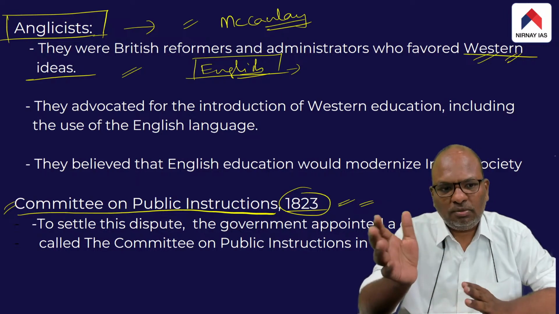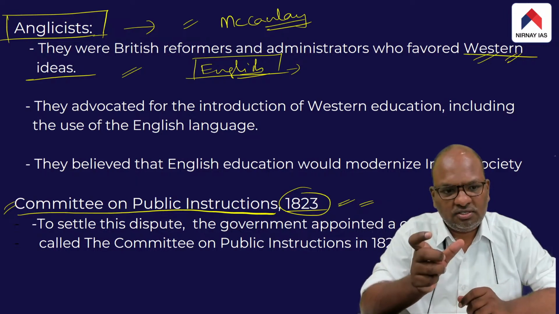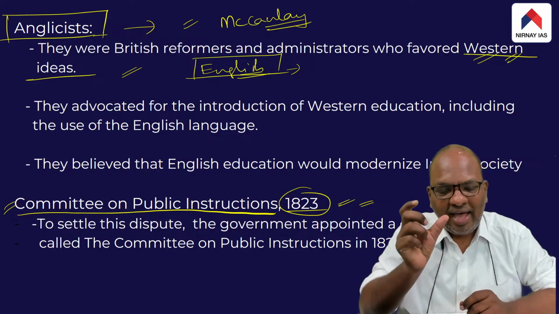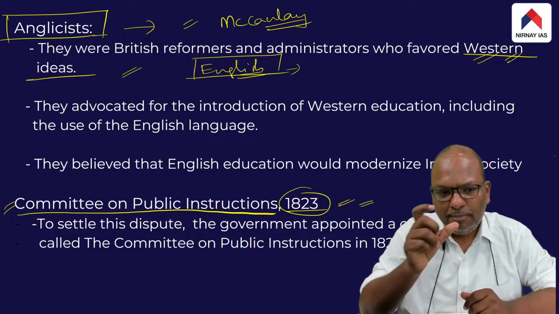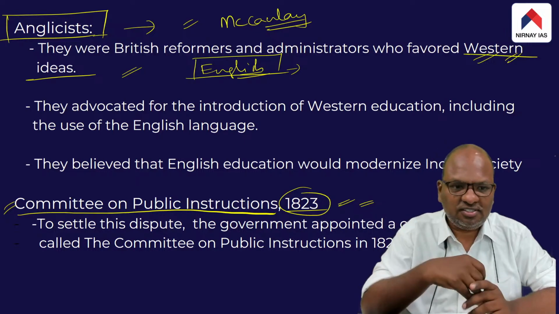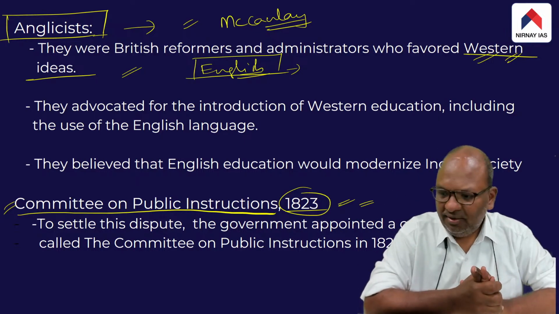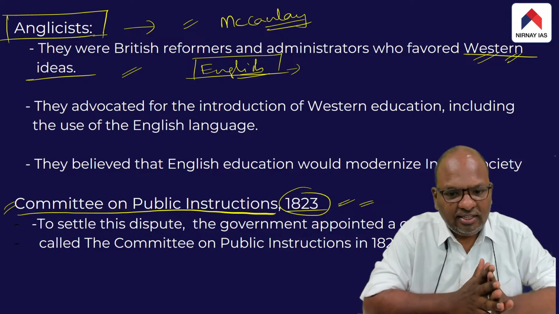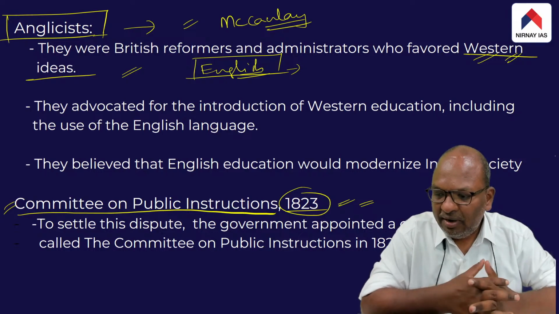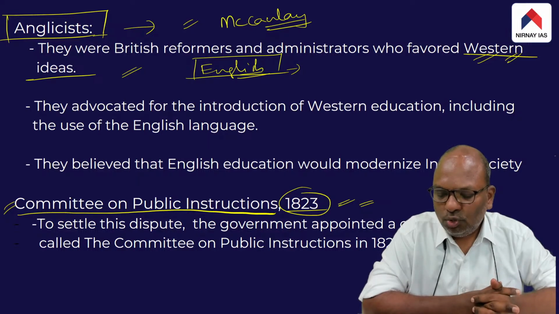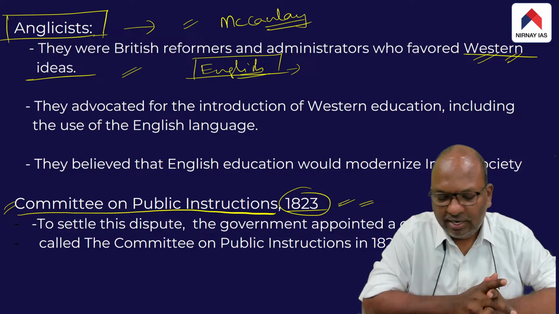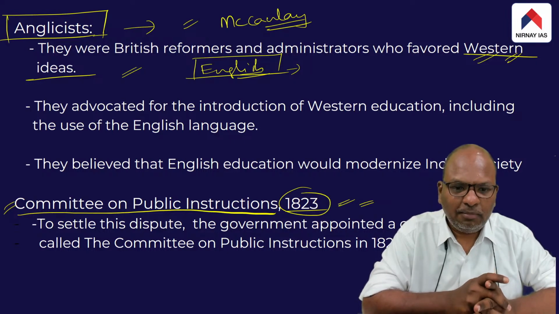But this was opposed by another group of British scholars, the Anglicists. The chief of these Anglicists was Macaulay. In 1835, Macaulay recommended that the British government establish modern Western educational institutions in the country with English as the medium of instruction.